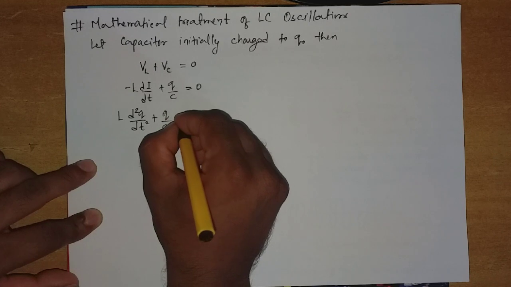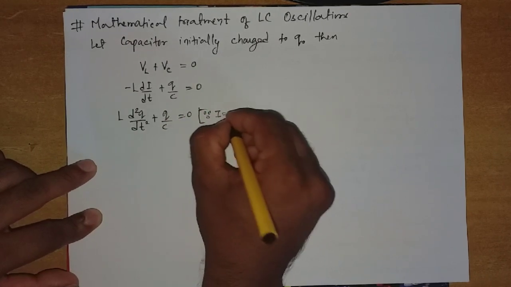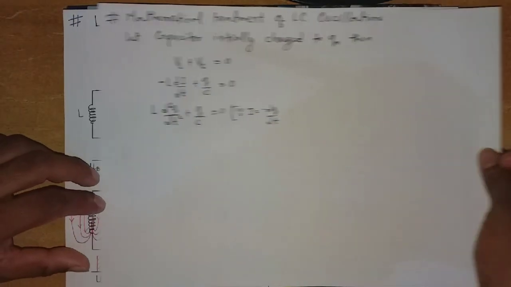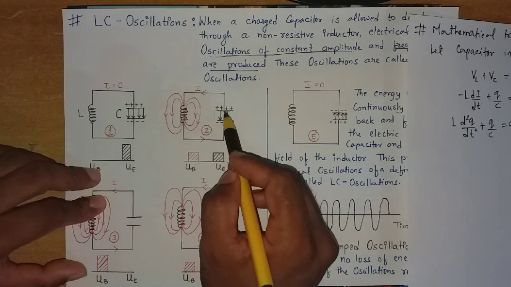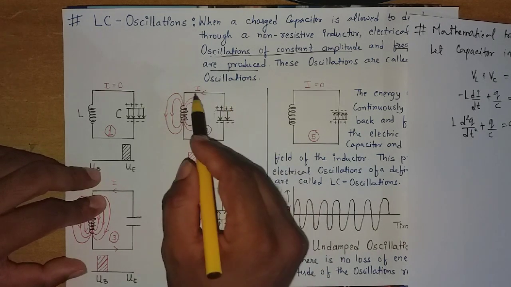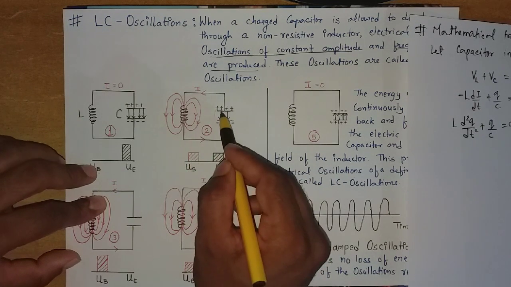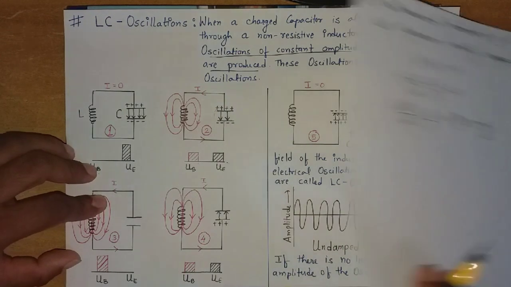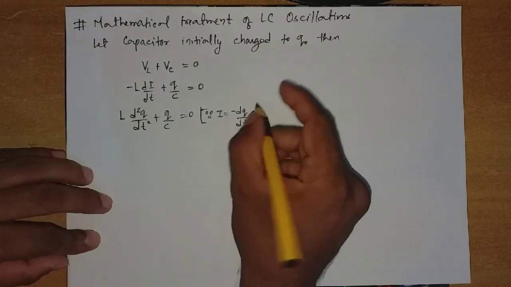Here this happens because of this: current I is equal to minus dQ by dt. As the rate of change of this charge decreases, the current in the circuit increases, right? So as the rate of charge from the capacitor decreases, the current in the circuit increases. So that's why we write I is equal to minus dQ by dt.